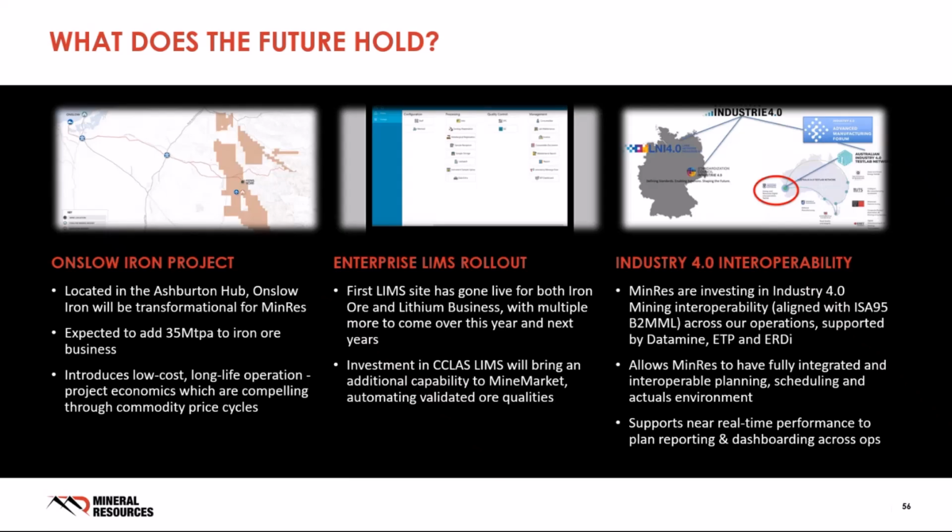You would have heard on the news, we've got 35 MTPA, but we're also ramping up to 50 in due course. And with the sale price of iron ore going down, low cost is key. So we want a low-cost, long-life operation, project economics, that kind of stuff. Good for the share price.